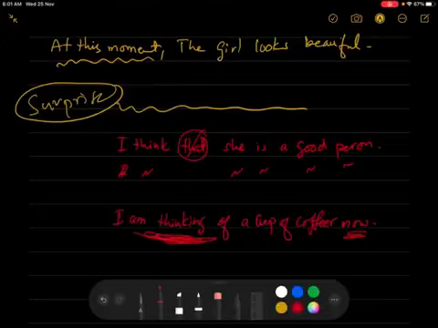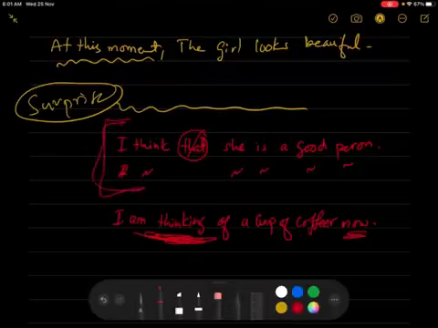Here, think doesn't mean believe. It means that we are in an active process of thinking. I am totally engaged in a thinking process, which can be considered a dynamic process. So think here is an action verb, and it means that I am engaged in thinking about something. It doesn't mean that I believe.